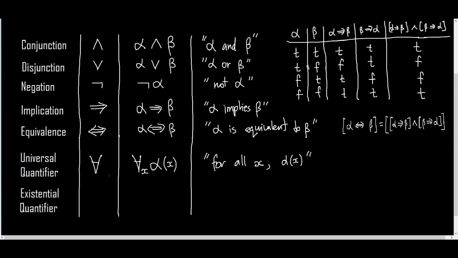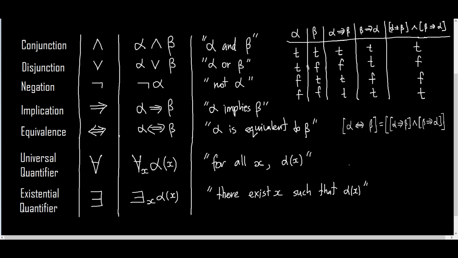The existential quantifier is written like this, and it can be used in this way. There exists x alpha x, and once again alpha is some statement about a general object x, and the way we read this is, as I said just now, there exists x such that alpha x.